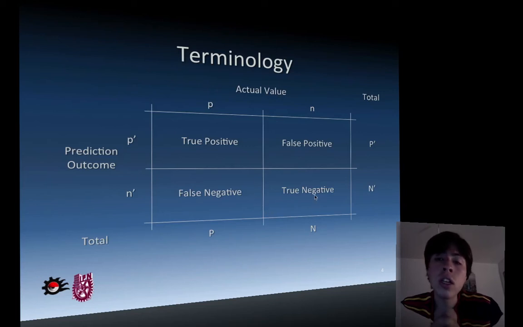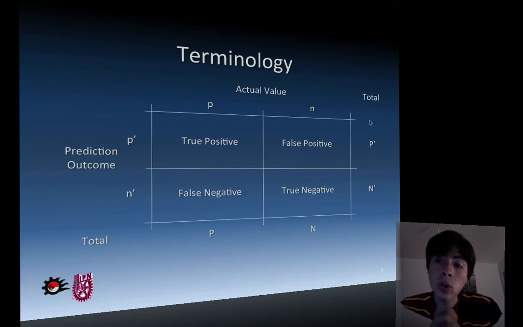So the common denominator here will be the word true, because true means that we actually had the correct prediction. If we don't have the correct prediction, then we call it false, and it could be either negative, meaning that they don't have the condition, in this case they don't have the disease, or positive, meaning that we were wrong, but the actual condition took place.